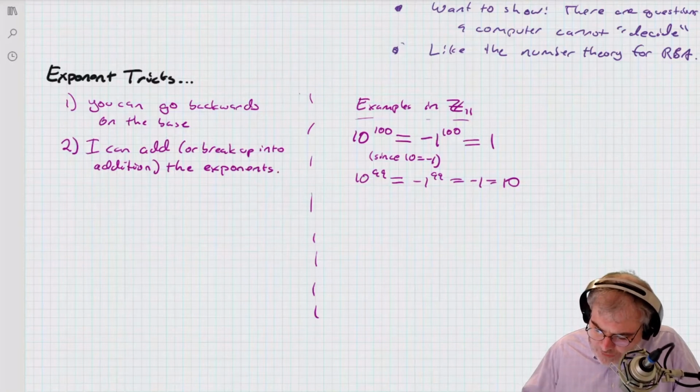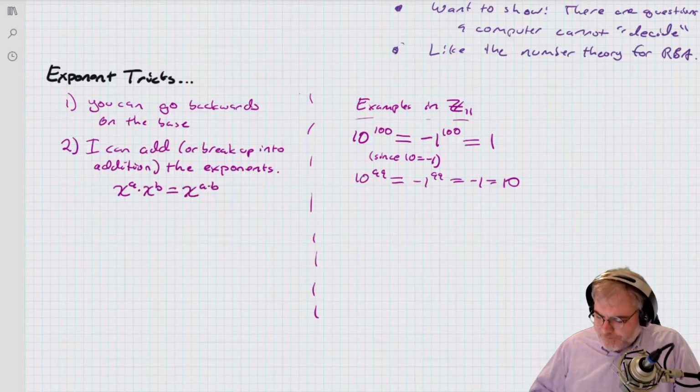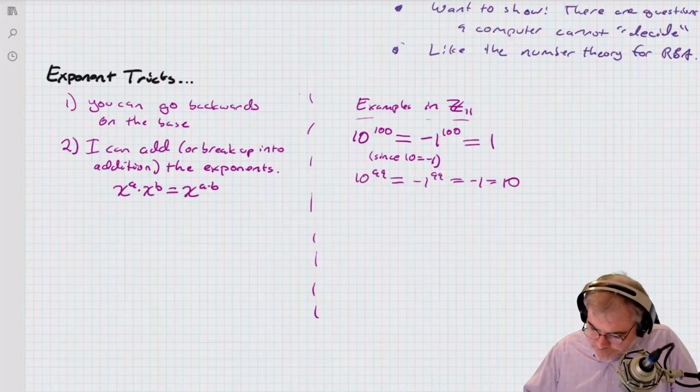So recall that x to the a times x to the b equals x to the a plus b.